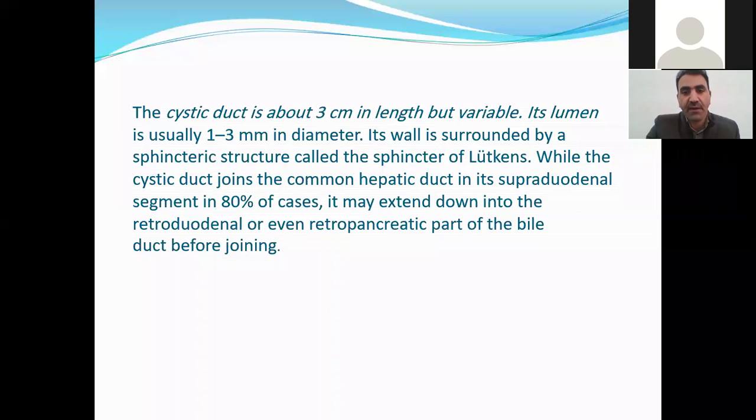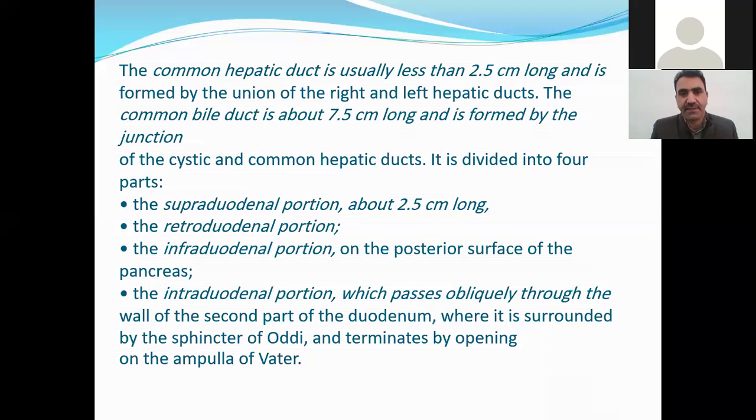It may extend down from the insertion of the cystic duct to the common hepatic duct, usually to the supraduodenal segment, but it may extend down into the retroduodenal or even the retropancreatic part of the bile duct before joining. Okay, the common hepatic duct is usually less than 2.5 cm.